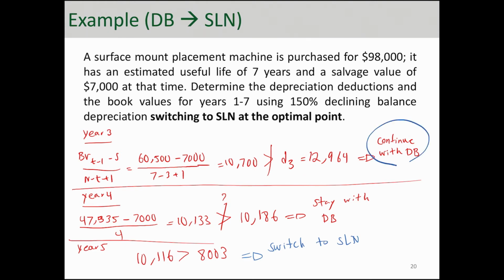So I continue with declining balance. Going to year 4, I calculated the ratio. It turns out that ratio is still not bigger than declining balance. So again, I stay with declining balance. But in year 5, that's when the ratio is bigger than declining balance. So that's when you switch to a straight line method.